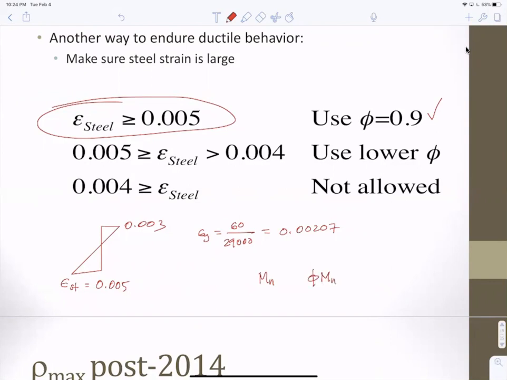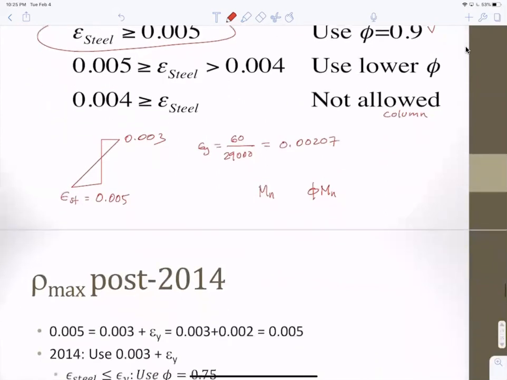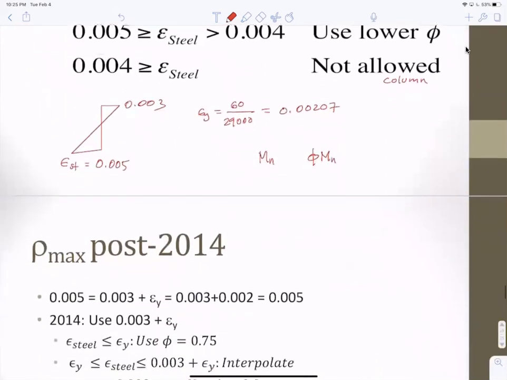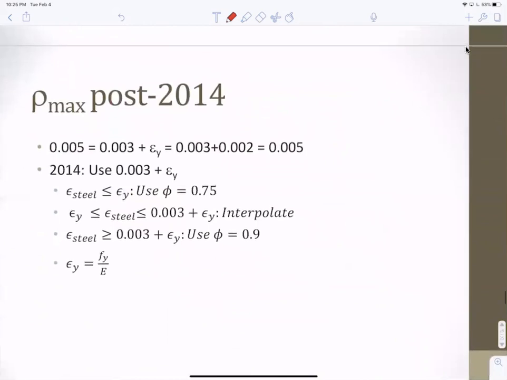If it's ductile, controlled by steel, you reduce 10%. Then for 0.005 to 0.004, you would use a lower phi. And below that, you're not allowed to do that. Then it would become basically a column, controlled by compression.